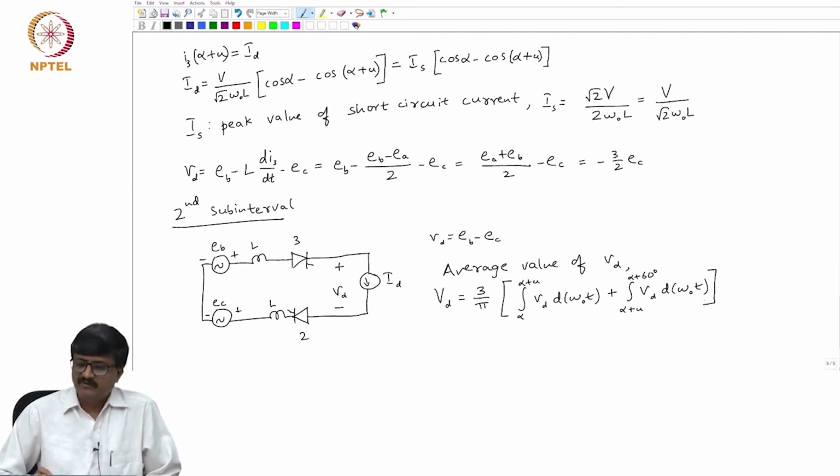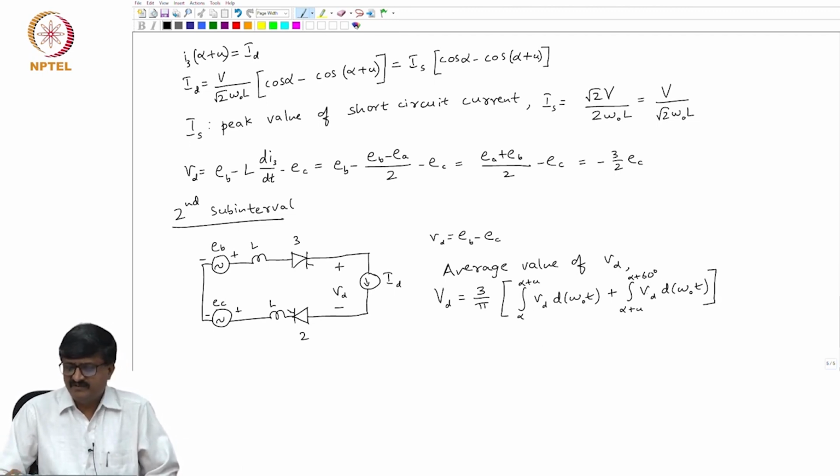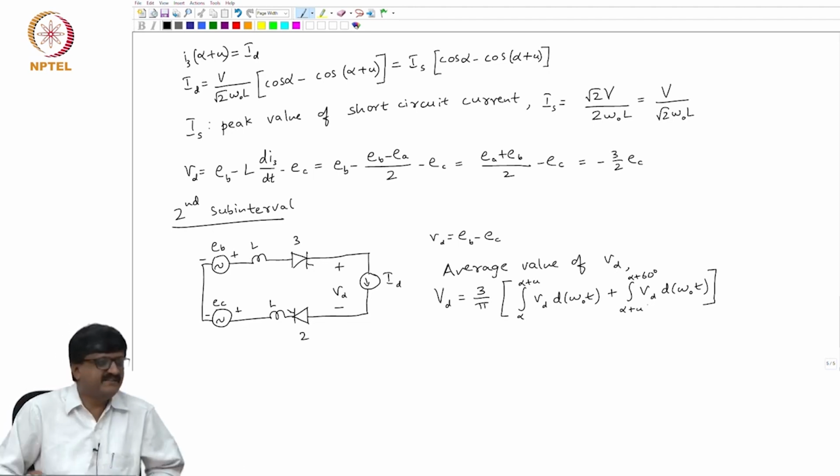So, you have to substitute two different expressions for Vd in the two integrals. In the first integral, Vd is minus 3 by 2 EC. In the second integral, it is EB minus EC, and we have expressions for EA, EB, EC.